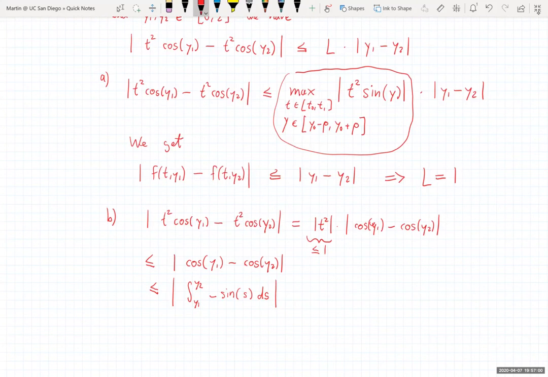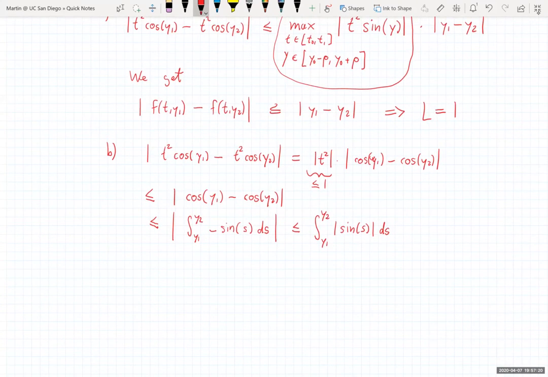Taking the integral and the absolute value of that, it certainly is bounded from above by the integral from y1 to y2 of the absolute value of sine of s ds. And okay, so sine of s is certainly bounded by 1, so the absolute value is certainly bounded by 1. I find that this is bounded from above by the absolute value of y1 minus y2, which again leads me to the constant L equal 1.